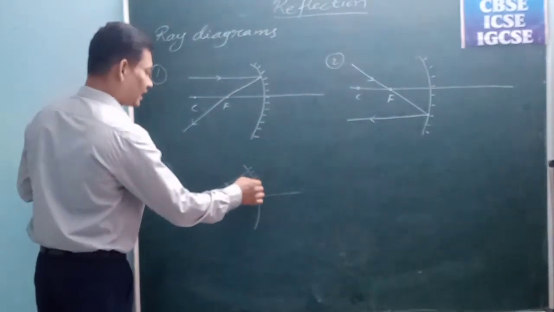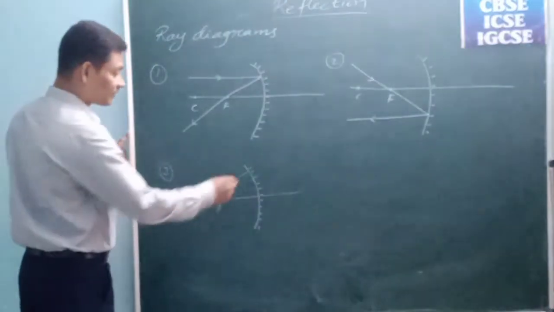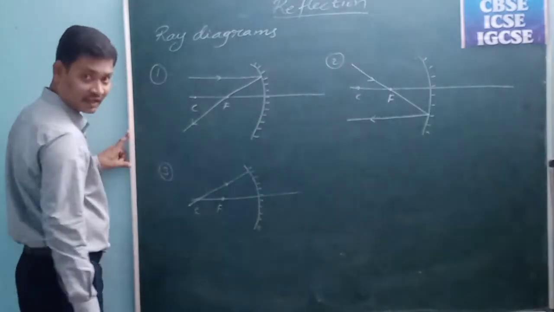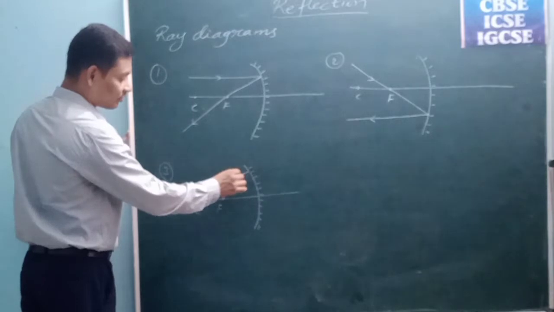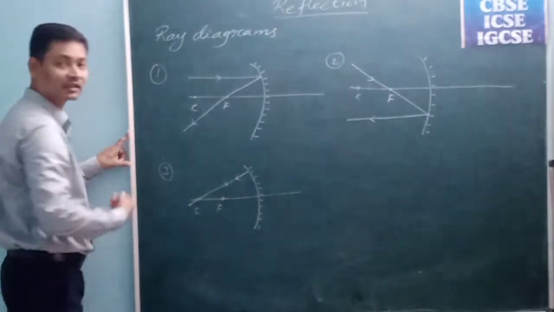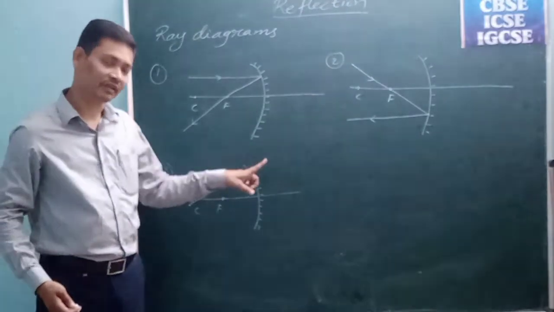then when it hits the mirror, when it falls on the mirror, the reflected ray will again come back in the same path as the incident ray. The incident ray is moving from the center of curvature.